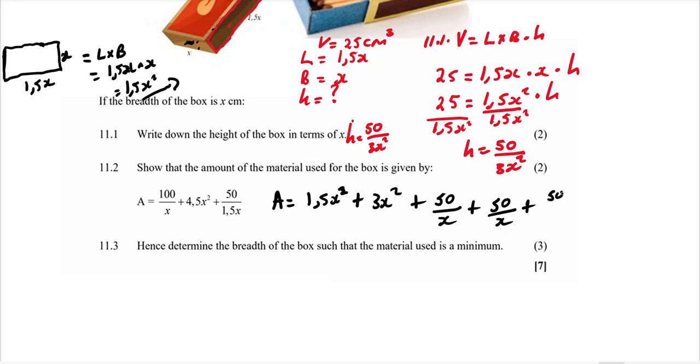So here, these like terms, 1,5x squared plus 3x squared, is 4,5x squared. Then 50 all over x plus 50 all over x will give us 100 all over x.